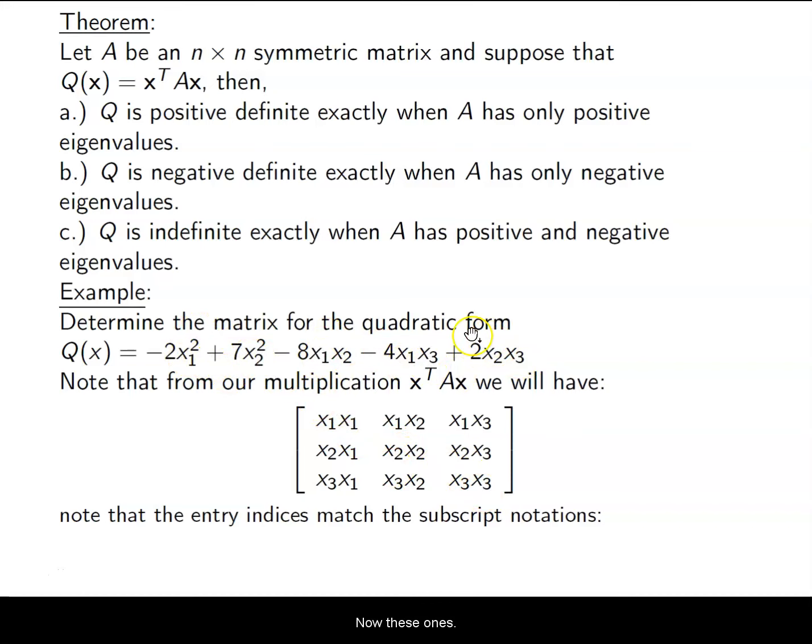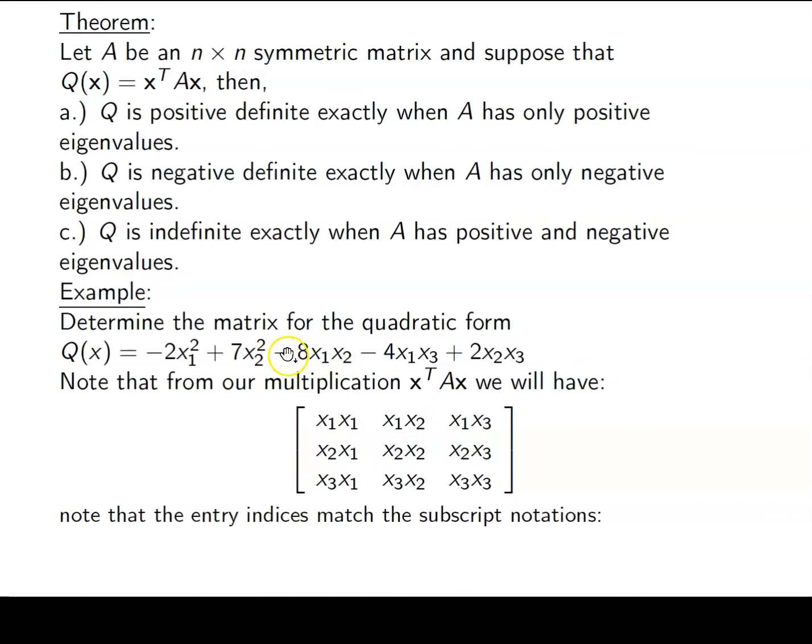Now these ones, if you notice they're all even, but if they weren't, it doesn't matter, okay? Remember, this has to be symmetric. These matrices are always symmetric when they come about. So whatever I have here needs to match up with what I have here. So notice I have -8 x1 x2 for the x1 x2s. There's two ways for me to form an x1 x2 pair, with x1 x2 and also x2 x1.